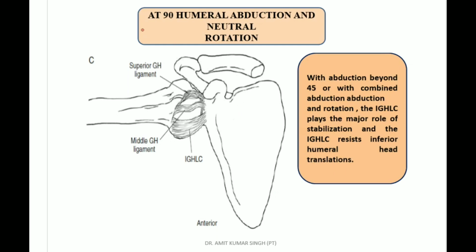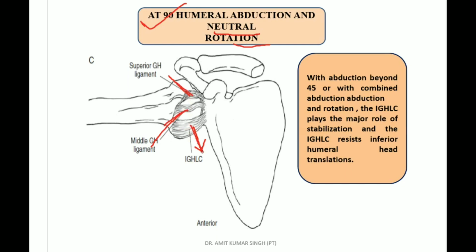Third, now the range of motion is increased. Now there is 90 degrees of humeral abduction but still neutral rotation. Now you see the two ligaments which are lax, superior and middle, and the taut ligament is the inferior glenohumeral ligament complex. If you have seen the images in A and B properly, we started with superior, then middle.